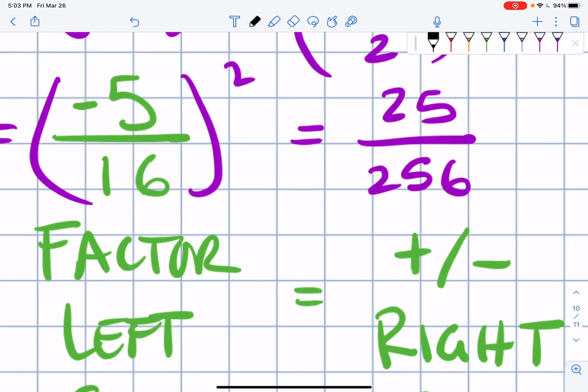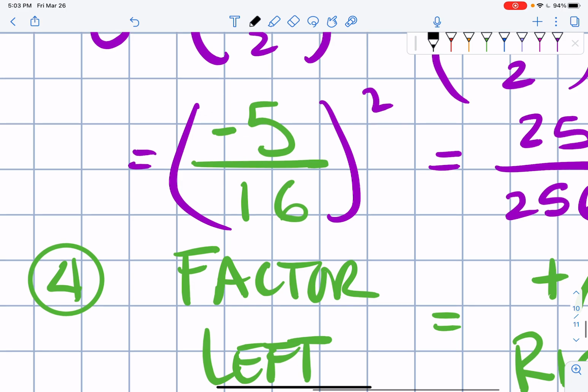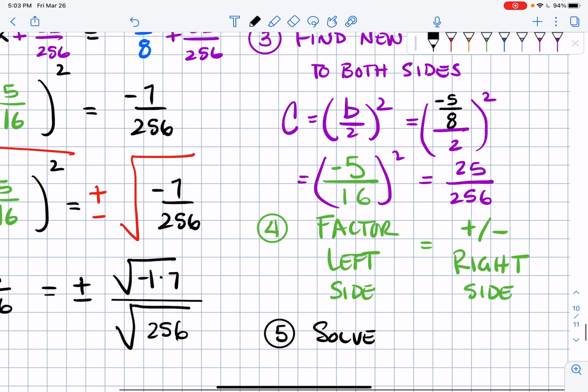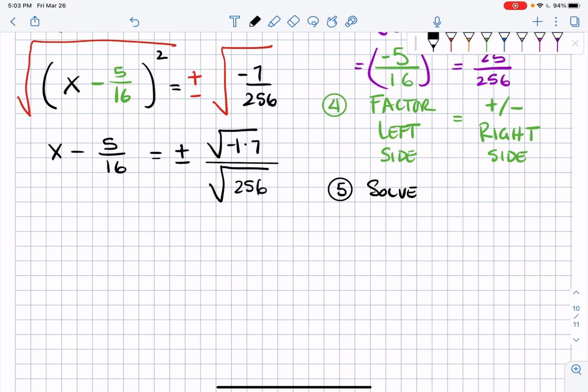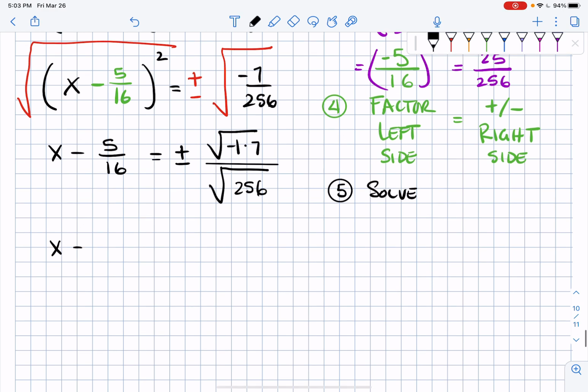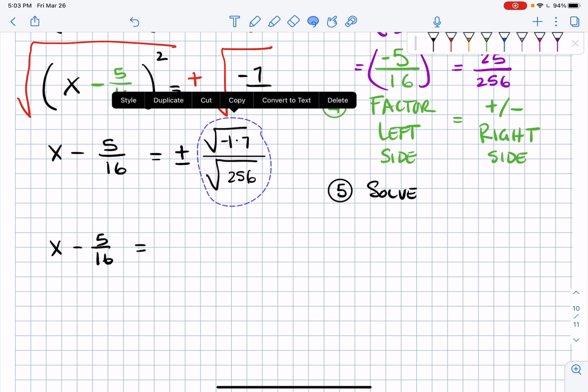Now, 256 we got from over here, which is this bottom right here, which is a 16 squared. So that means the square root of 256 is actually going to come out very evenly, or perfectly, I should say. So I'm going to have on the left x minus 5 over 16, and that's going to equal to, let me make this a little bit smaller so that it actually looks somewhat similar.